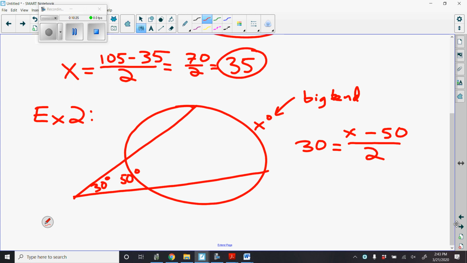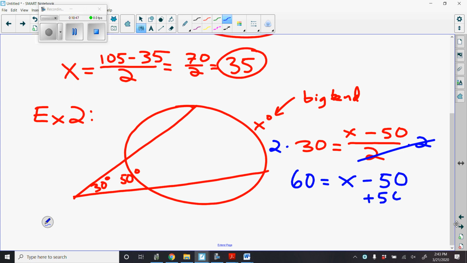So now I just have to figure out, how do I solve for x? Well, I'm going to start by multiplying both sides by 2. So I'm going to get 60 equals x minus 50. And then to get x by itself, I have to add 50 to both sides.